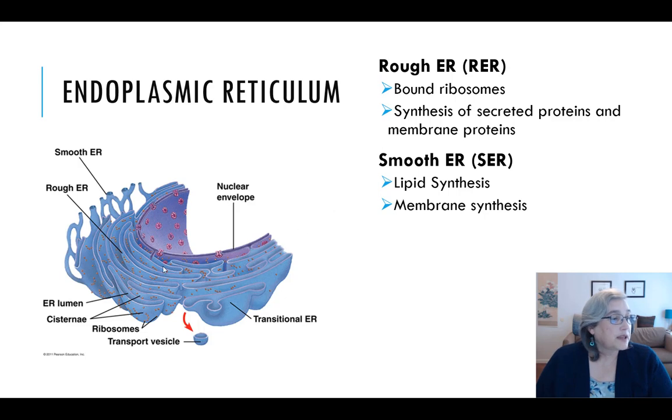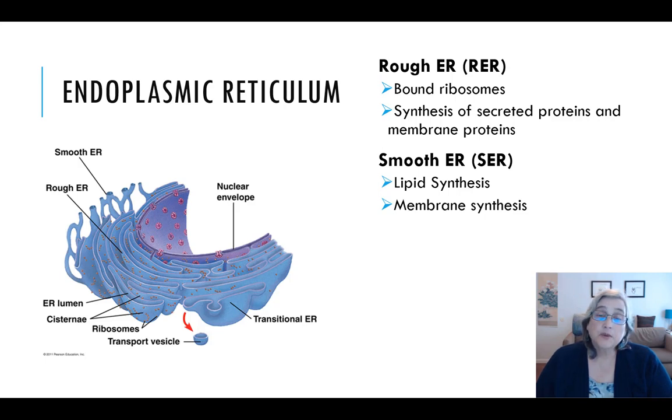The rough endoplasmic reticulum is shown over here, and you can see these little red dots. Those are ribosomes, and so the rough ER is rough because when you look under the microscope, you see these little bumps due to the ribosomes, so it looks rough. And smooth endoplasmic reticulum is connected to the rough endoplasmic reticulum, but there are no ribosomes, so the membrane looks smooth.